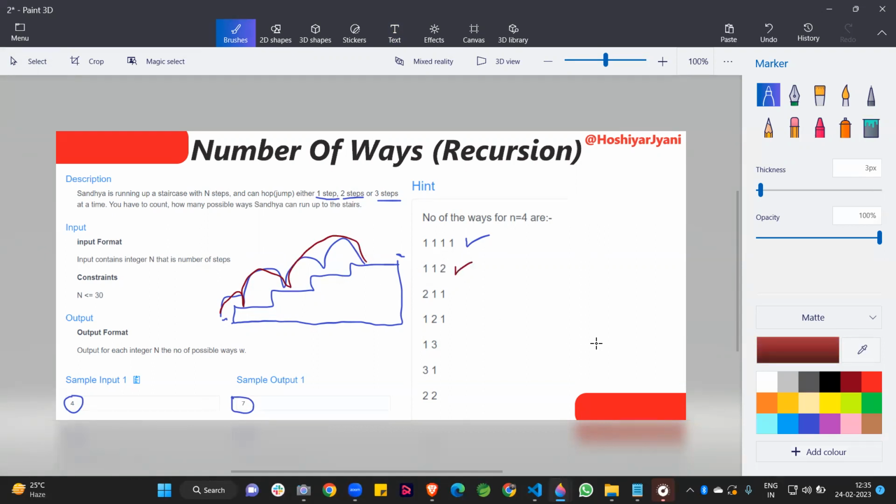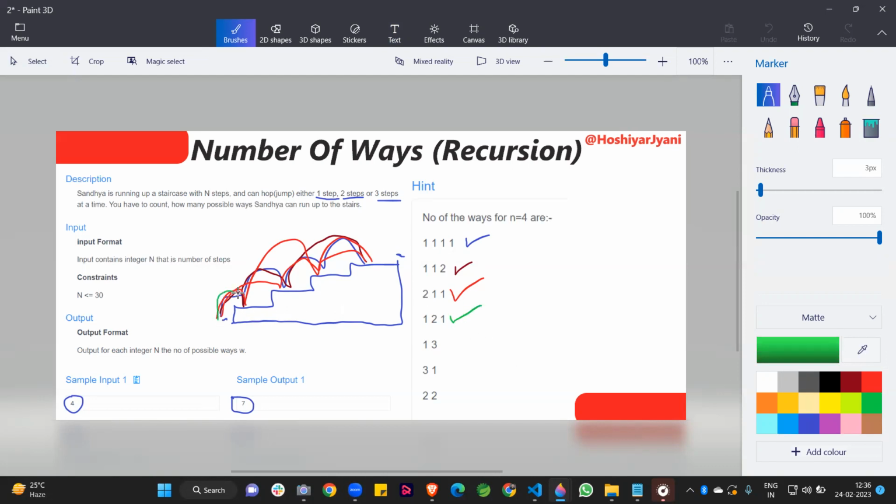This is the second case. And after that, there is one more possibility: jump two steps, then one and one. So that is the third one. Then first of all, one step, then a two step jump, then one step. So this is also done.